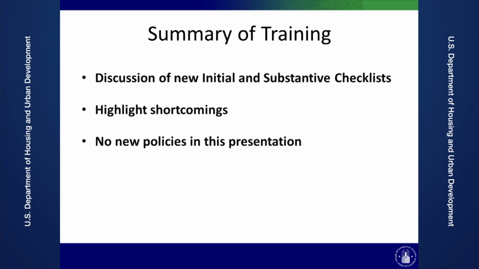We're going to be discussing the initial and substantive checklists, which we will get into in a minute. As we go through, we're going to highlight some of the shortcomings that the contractor found where we need to pay a little additional attention. And three, which is most important, we're not going to be discussing any new policies in this presentation.